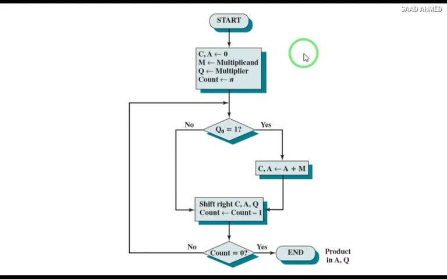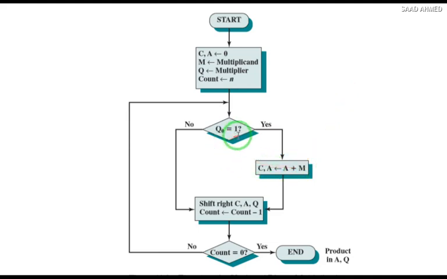Okay, so as we know already, when you multiply by 0, the result is 0, and when you multiply by 1, the result is the other value, the multiplicand. So in simple terms, what you are going to do is check whether the value in Q0, that is the multiplier, is 0 or 1.